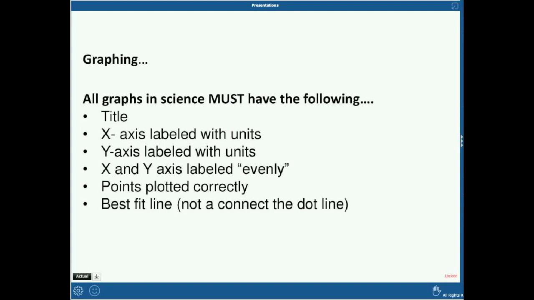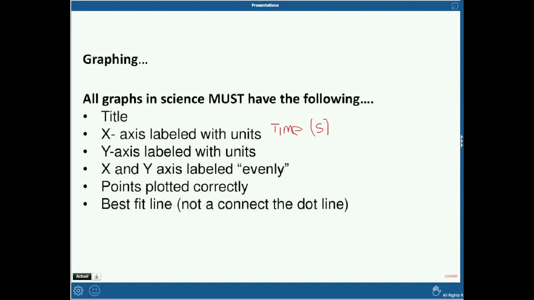You would need to write time in seconds. That way I know you're doing it in seconds instead of minutes or whatever. Your y-axis needs to be labeled with units, same kind of thing. If it's force, you would do newtons, or whatever, meters.